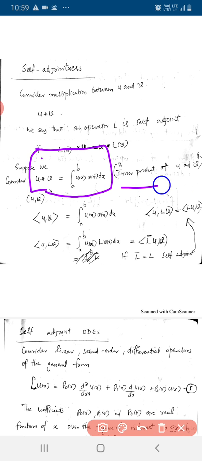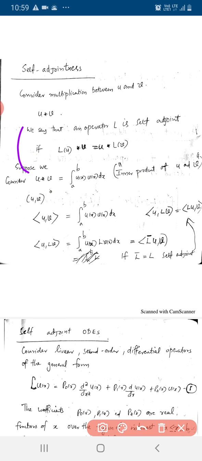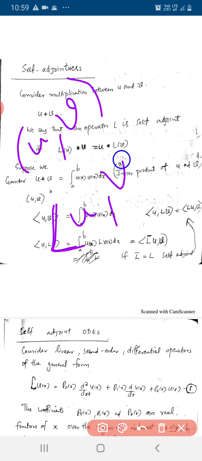We represent it like this: u comma v in brackets, or we can use this type of brackets. So both these are inner products.